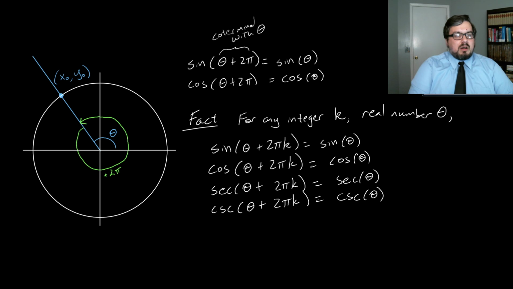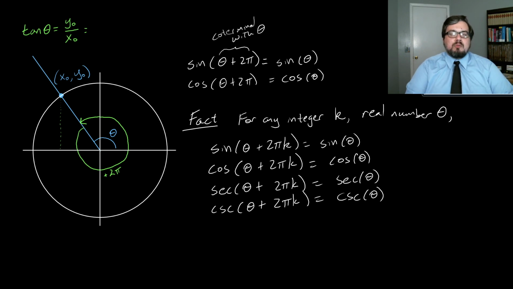Let's recall what tangent is, how we compute tangent here. Tangent of theta is equal to y0 over x0, the way that I have this written out. However, y0 over x0 is also a way of talking about the rise over the run of this blue line.